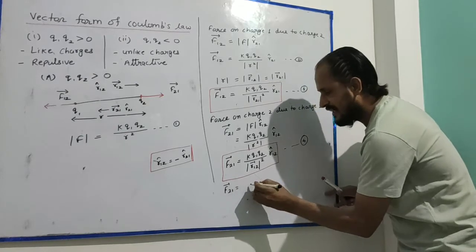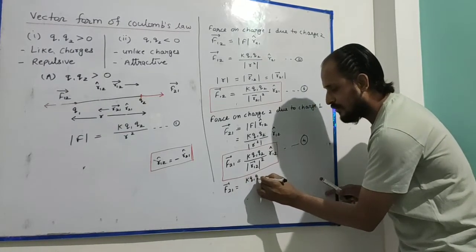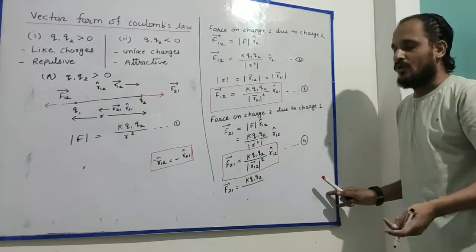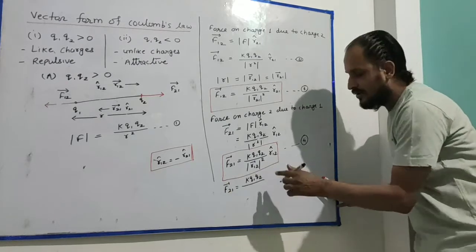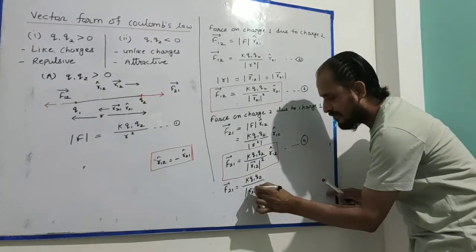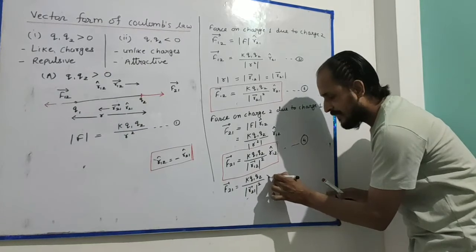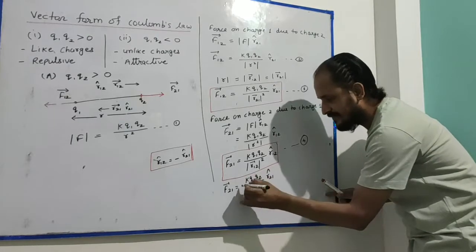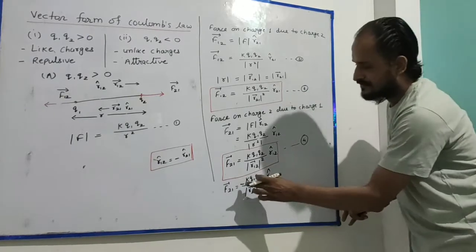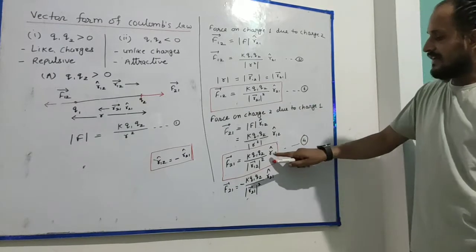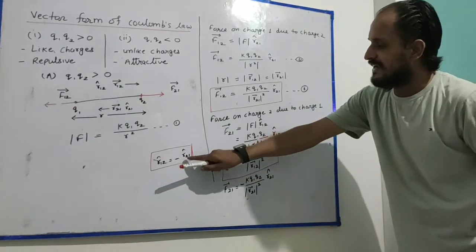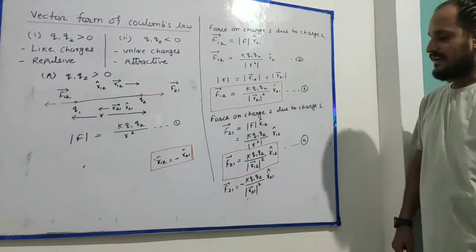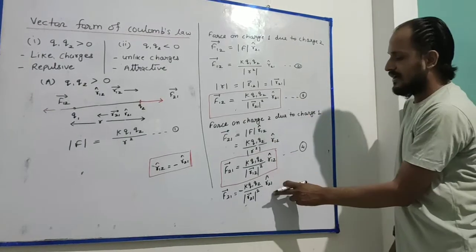It becomes F21 vector is equal to K Q1 Q2 upon R12, we can write R21 also because it will not change the magnitude, so R21 vector square R21 cap, and minus we can put here. We have written R12 cap as minus R21 cap because both the unit vectors have different directions. Now just see these two relations.